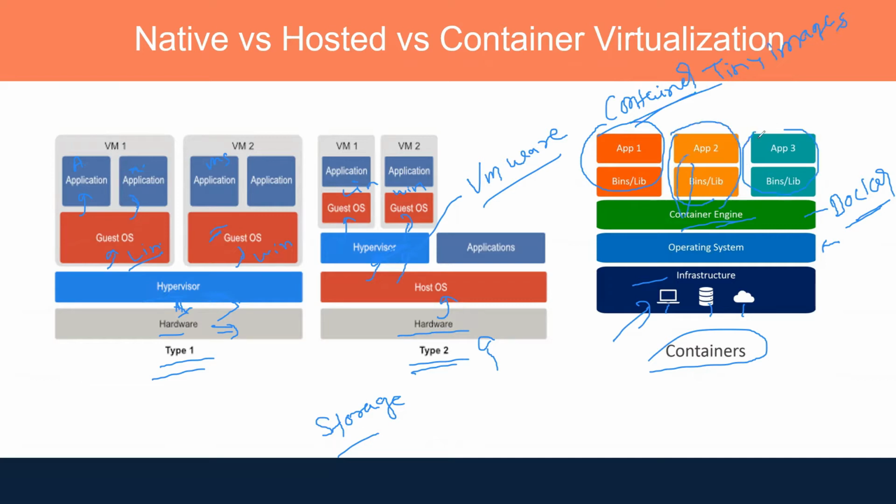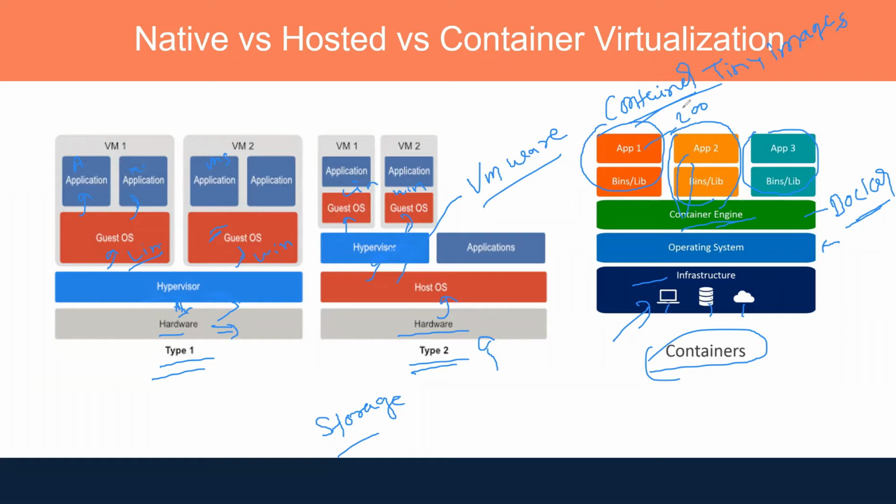So this is going to take far fewer resources of your physical infrastructure. Suppose the tiny Linux image you are deploying here would be just a few MB, like 200 MB, 300 MB.